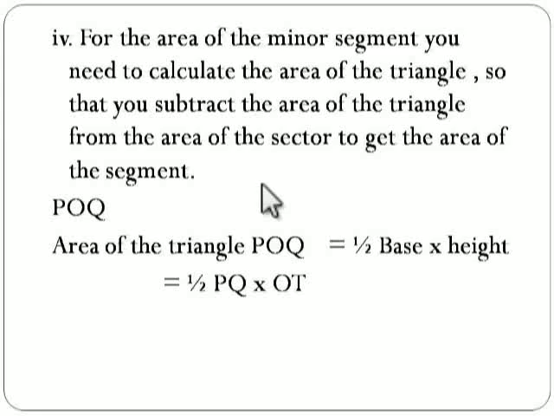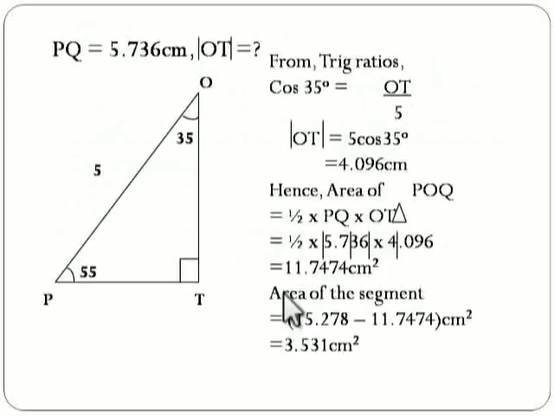But anyway, first of all, let's look at the area of the triangle. Half base times height. If you check the diagram, the base is PQ and the height is OT, if you could remember. Now, we know the PQ, that is the base.